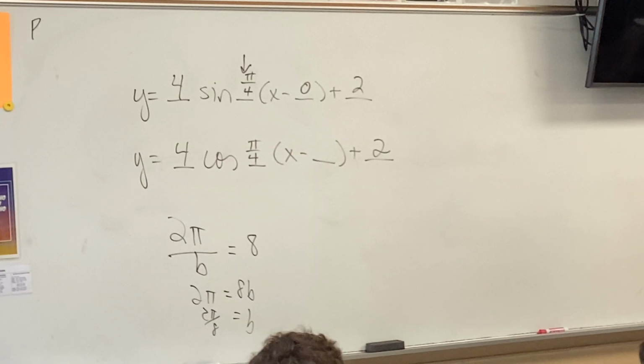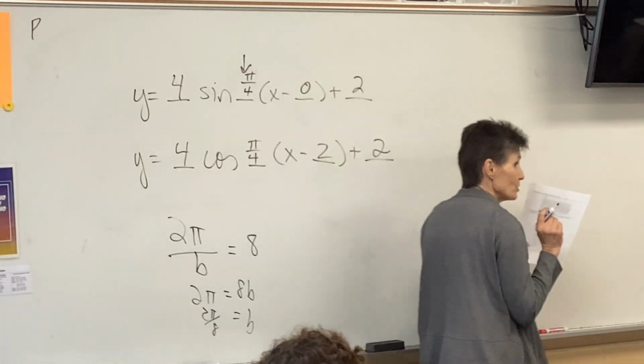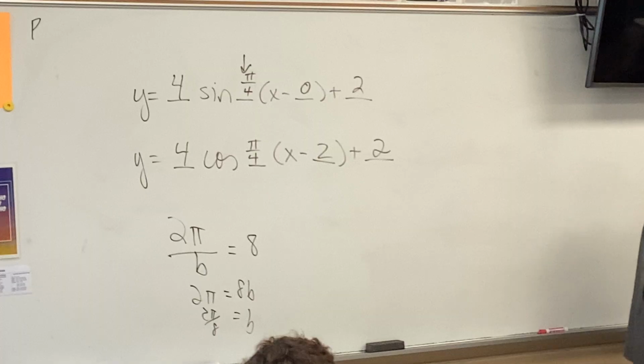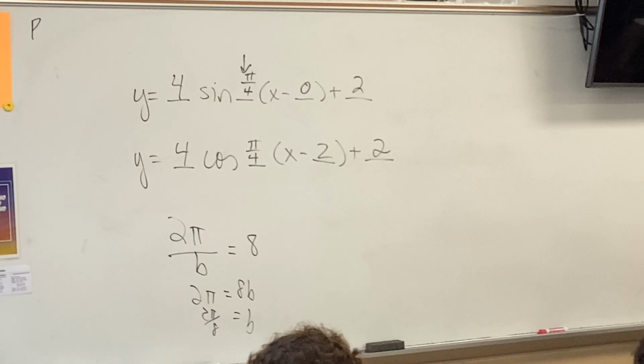It's starting right where it's supposed to, 0, 2. If it's a cosine though, it's starting x minus 2, would you say that? Do you feel confident in that? All right, then let's try, I'm gonna pick another one somewhere.